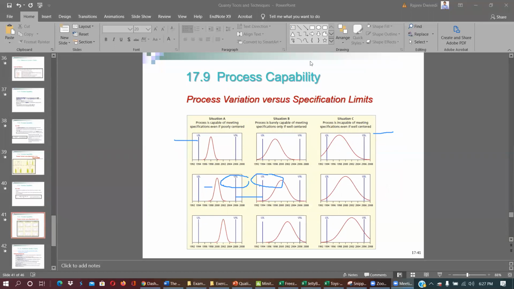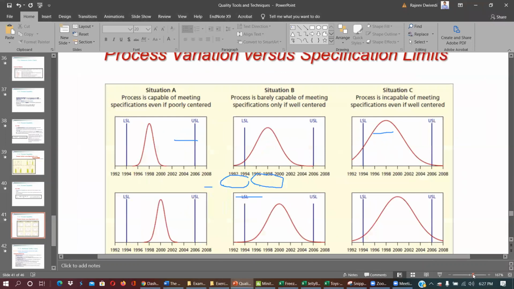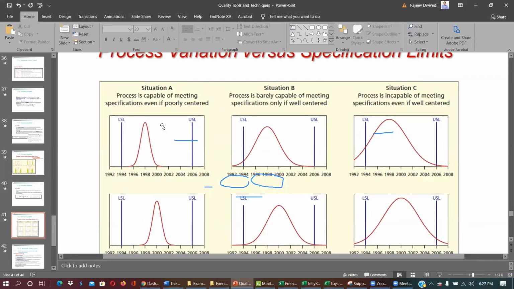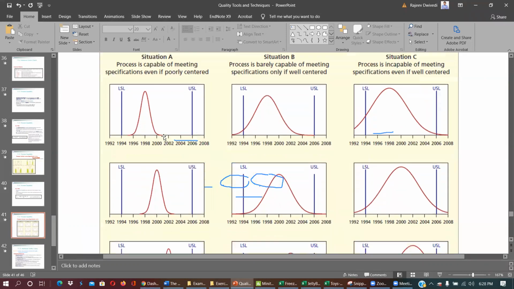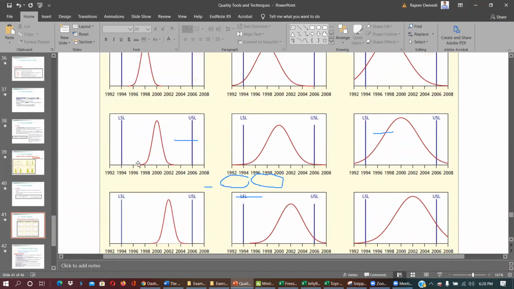And here you can see these are other observations. Here, the process is capable of meeting a specification even if poorly centered. Look into these situations. Here you can see the lower limit and upper limit, and the process is meeting the specification that it should be within. Here also, but this is the best.